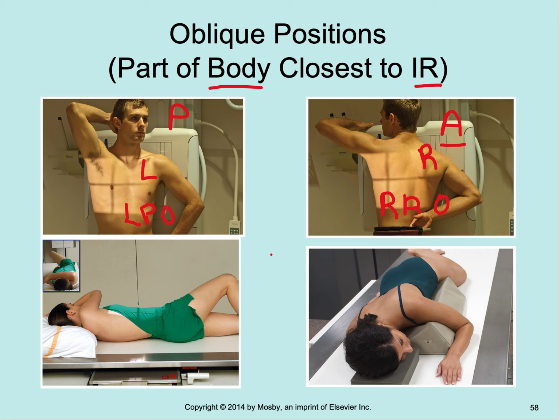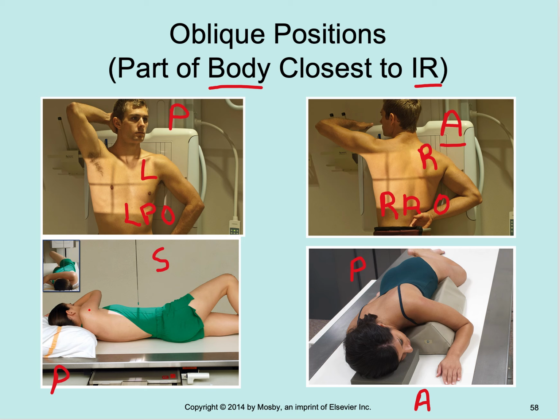We can also describe the same thing with these recumbent positions. This is a supine position, right? Because they are on their back. And this is a prone position, okay? So in this one, the posterior aspect of the patient is closest to the image receptor. In this one, the anterior portion of the patient is closest to the image receptor.